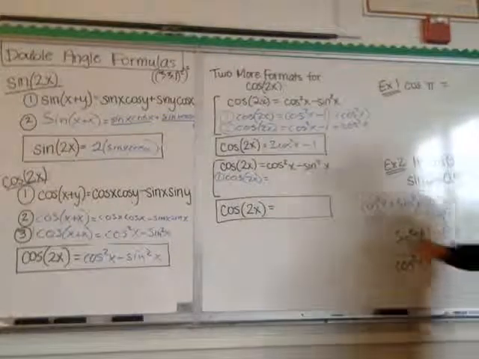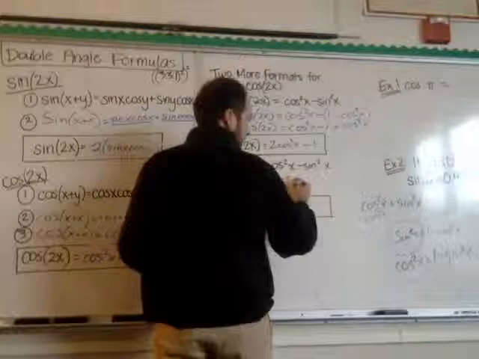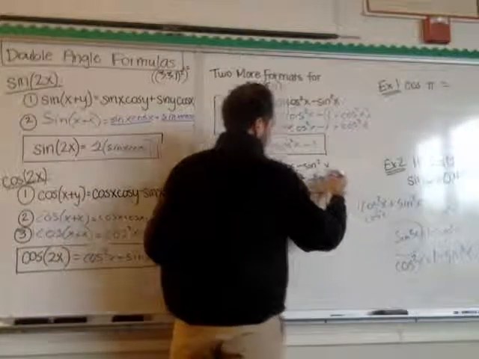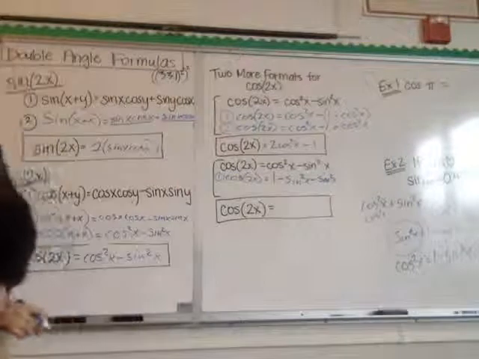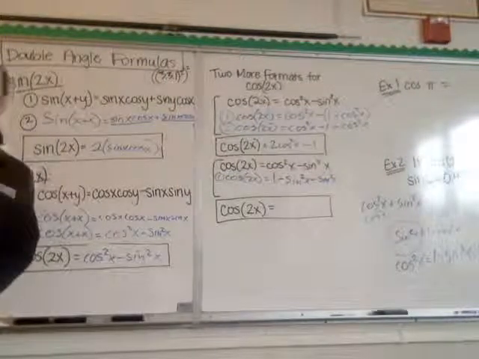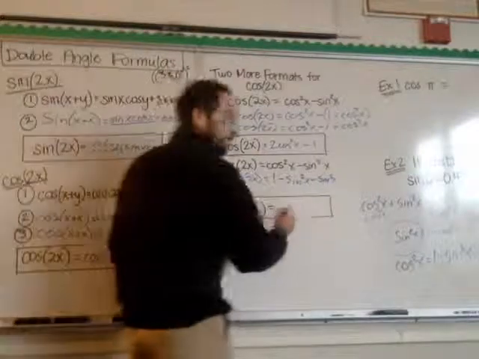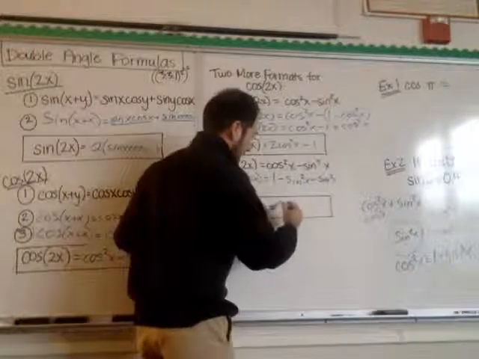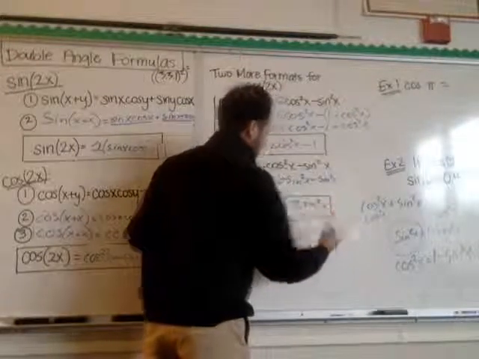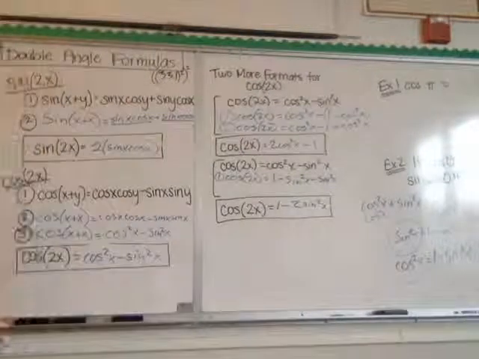All right, let's go ahead and make this 1 minus sine squared of x minus sine squared of x. So, what should I put in there? 1 minus 2 sine squared of x.